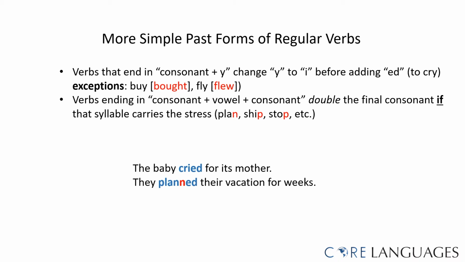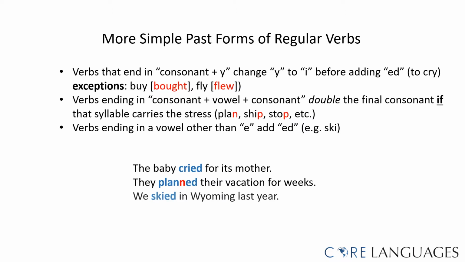Notice how we doubled the final consonant N. If verbs end in a vowel other than an E, for example, the verb ski, we usually add ed. For example, we skied in Wyoming last year.